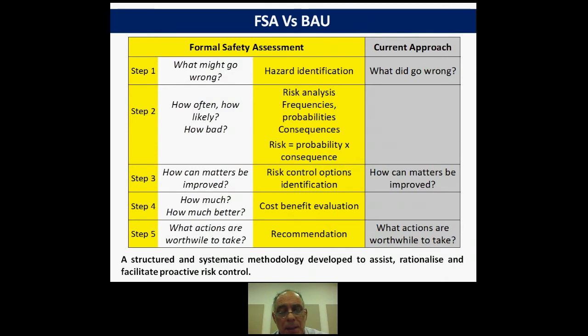In any case, we're talking about a structured and systematic methodology, as is mentioned here, in order to develop, to assist, rationalize, facilitate, and the key word is the proactive risk control as opposed to the reactive risk control which takes place in shipping operations.